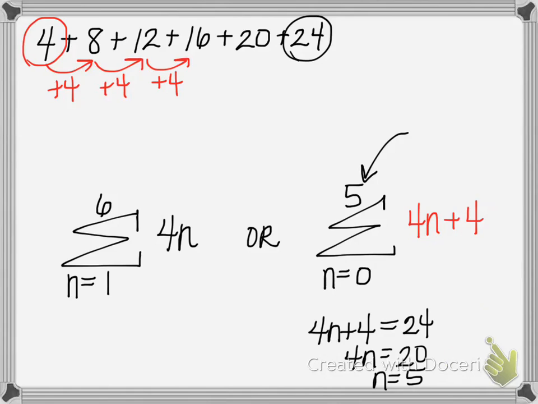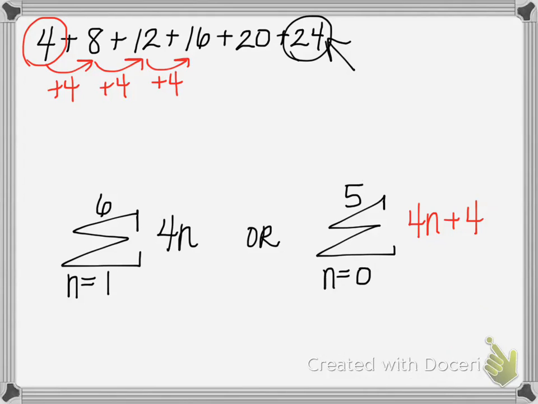Again, you wouldn't have to show that algebra. You could figure it out by thinking about what number you would substitute in place of n to give a result of 24 for the final term. And 5 makes sense because 4 times 5 would give you 20, plus 4 more would give you the 24. So here's another way of writing the same exact series in sigma notation.